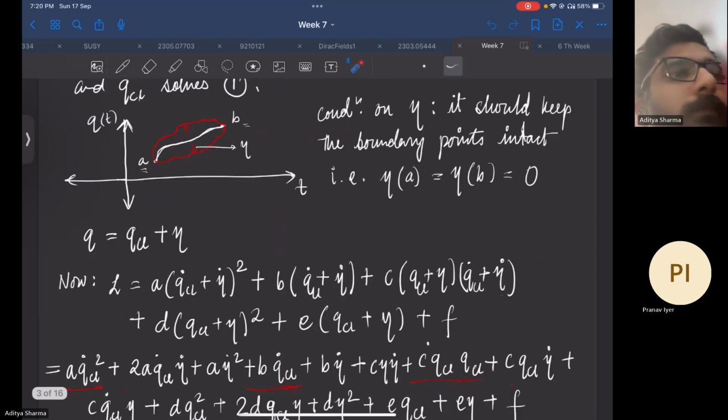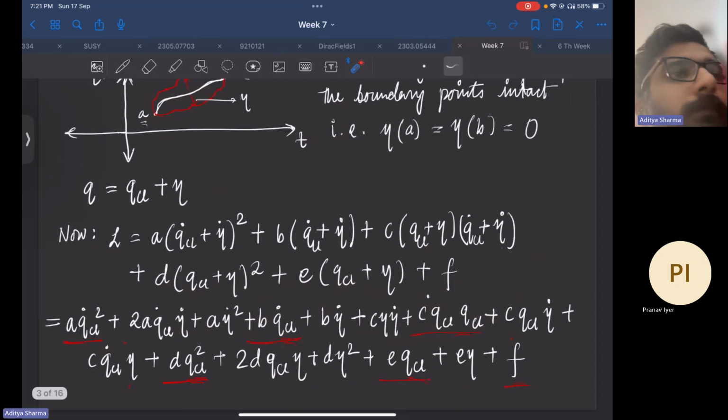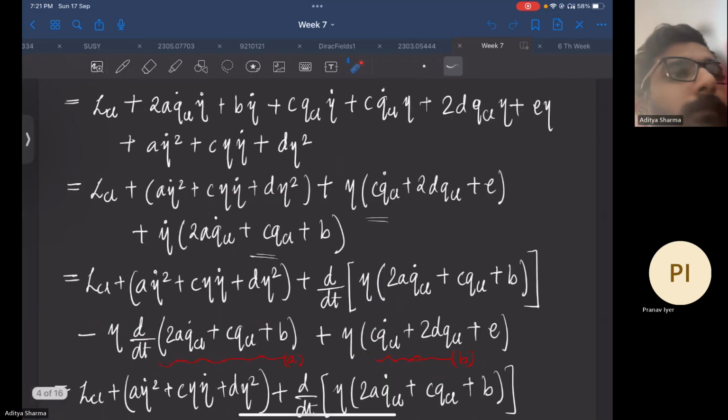Okay. So Q can be written as Q classical plus eta. Now my Lagrangian, I'll write it as Q classical plus eta and all these things. I'm just substituting for it. So when I substitute, I'm going to get a big term. I'm just opening all the terms here.